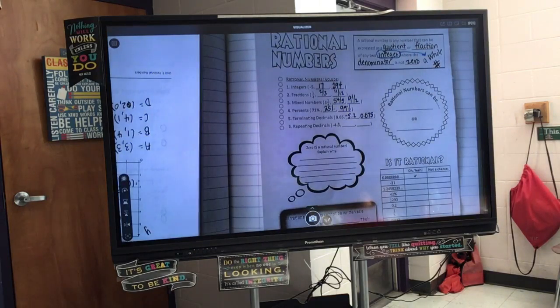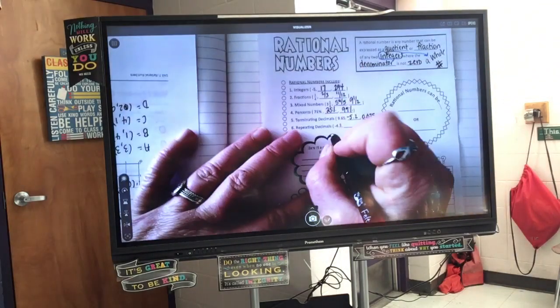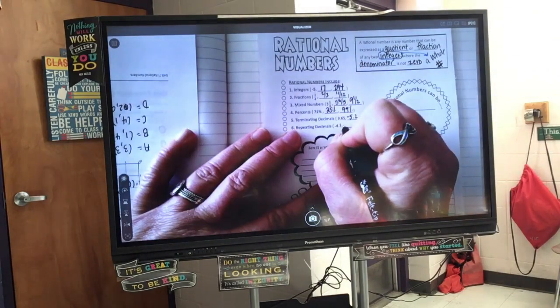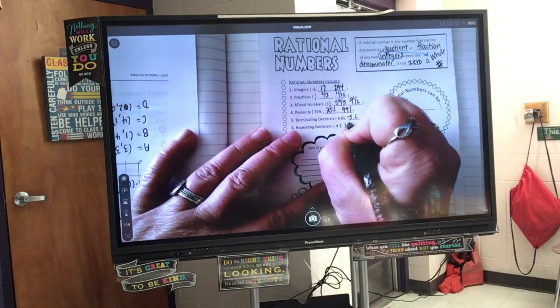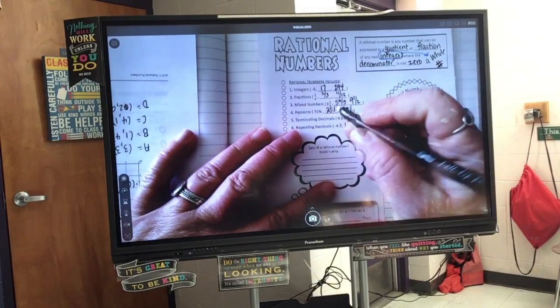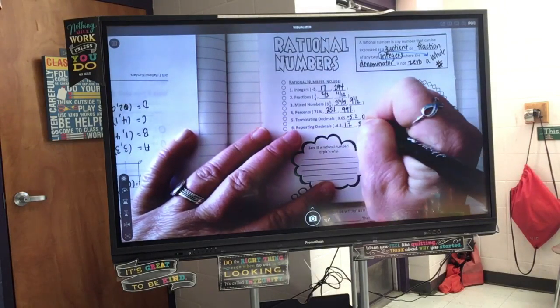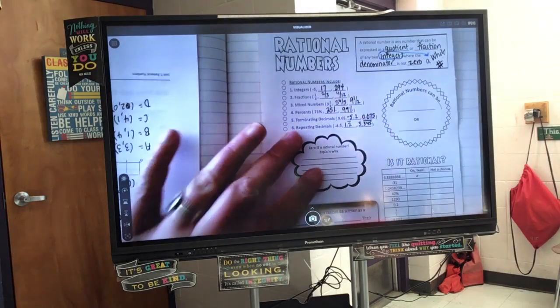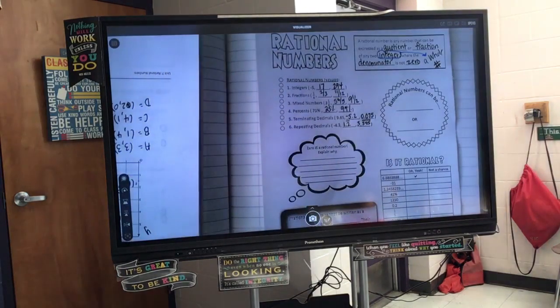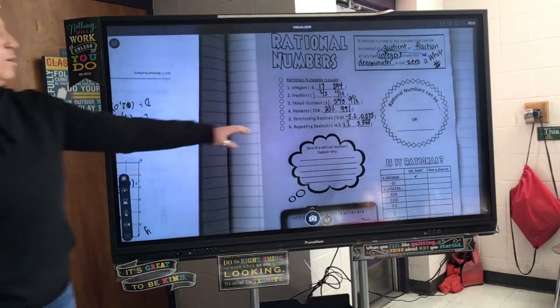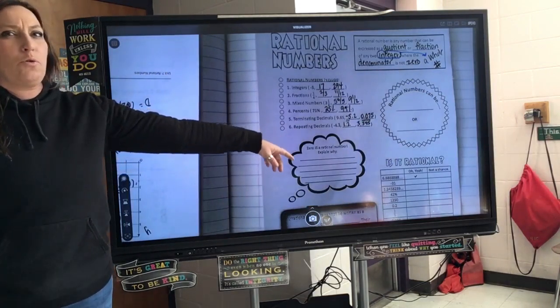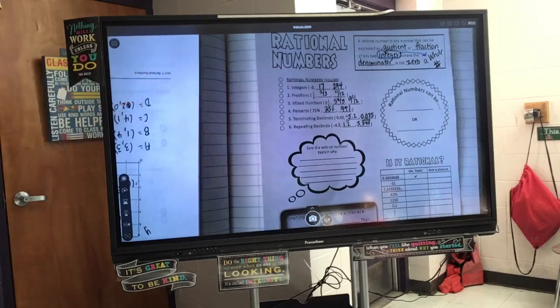Alright, and then obviously repeating decimals are ones that repeat. So we have negative 4 and 3/10 repeating. Let's do 1 and 2/10 repeating. And then 3 and 345 thousandths repeating. Now, how does this last one that I gave you work? What does that mean, Jonathan?